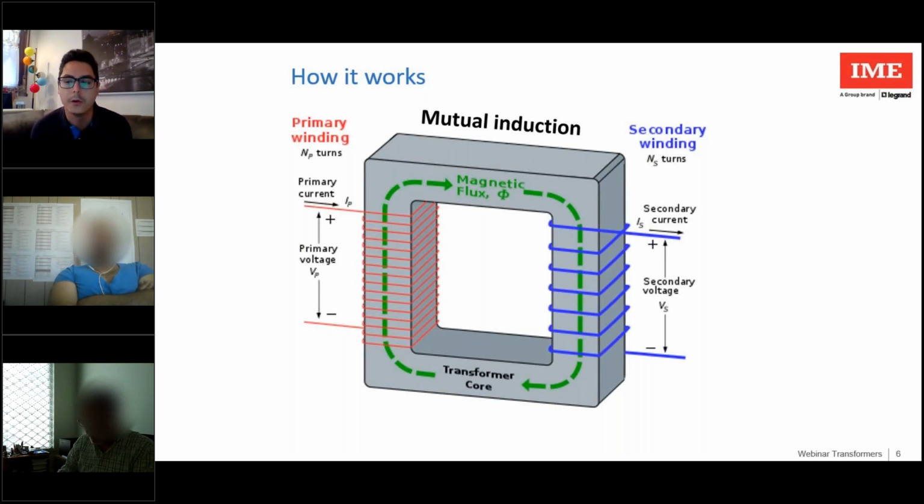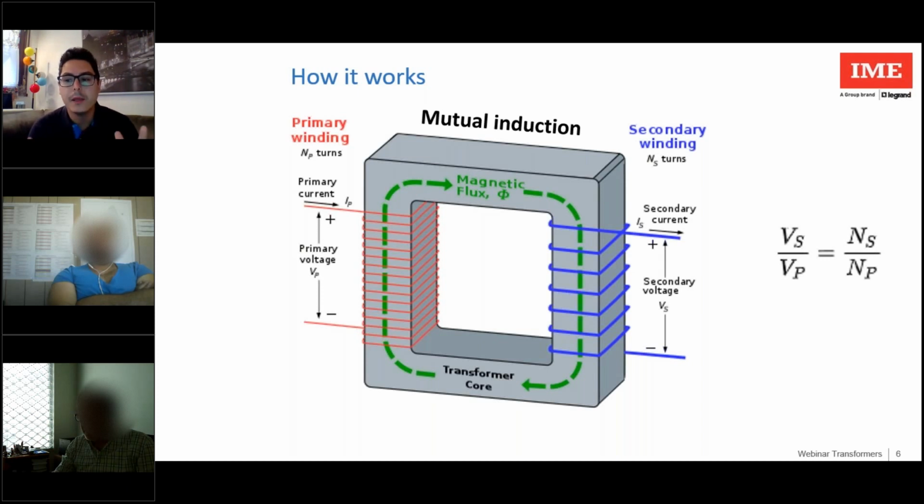In an ideal transformer, the voltage induced in the secondary winding is proportional to the primary voltage, Vp, and this is given by the ratio between the number of turns in the primary winding, Np, and the number of turns in the secondary winding, Ns, like in this formula.